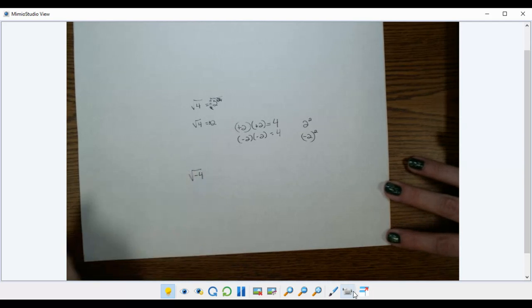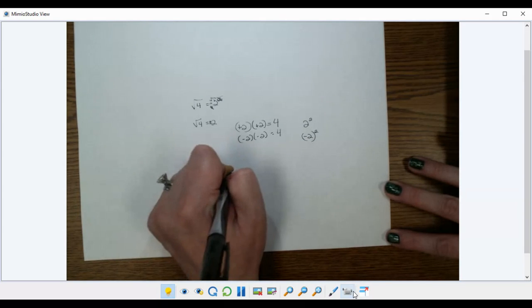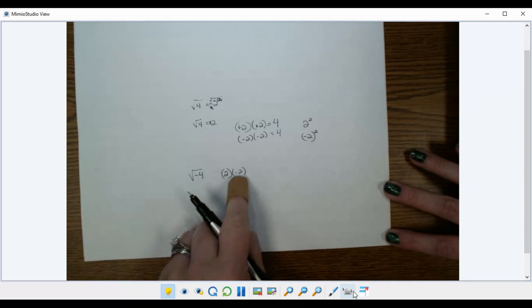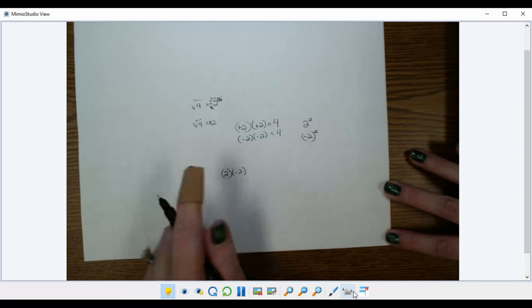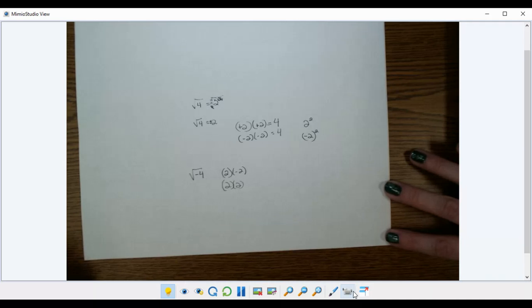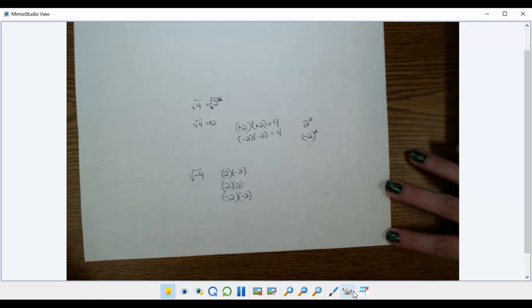The square root sign is called the radical. What times itself could possibly give me -4? Could it be 2 times -2? Well, yeah, that'll give me a -4, but they're not the same number, so that won't work. Could I do 2 times 2? That won't give me -4. What about -2 times -2?